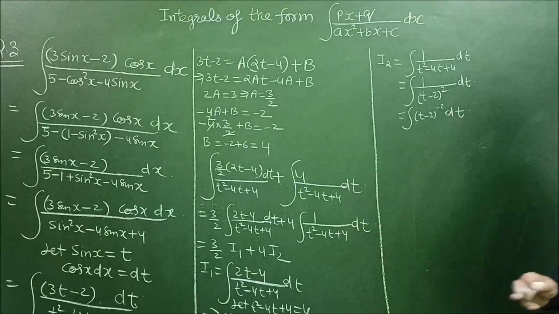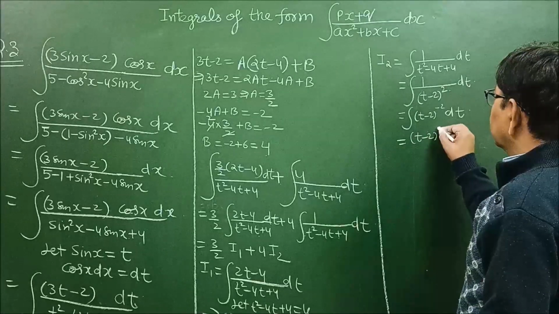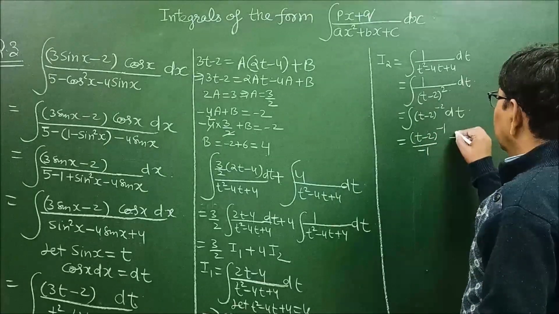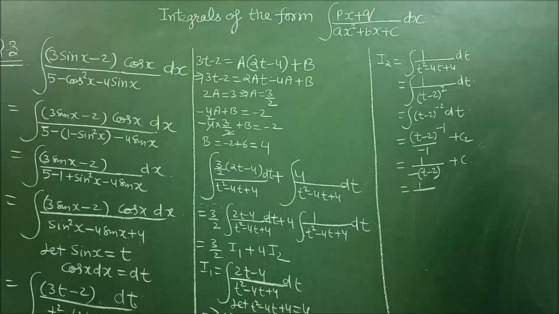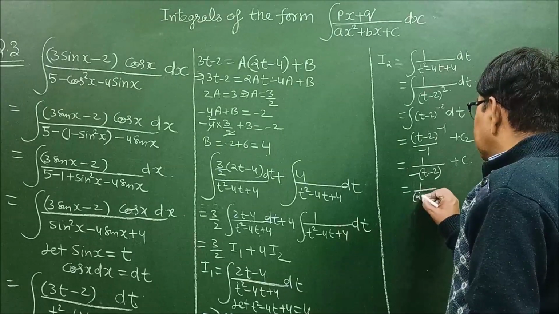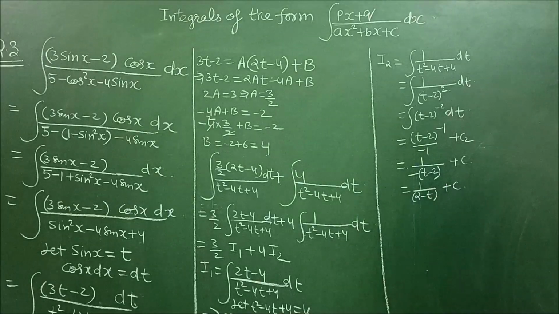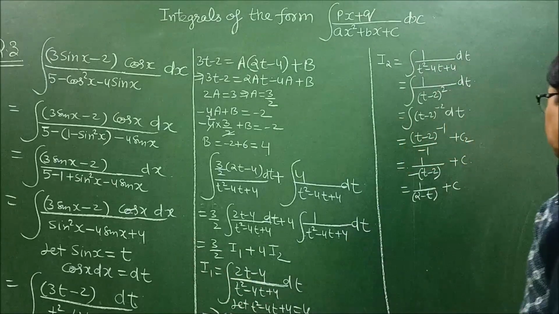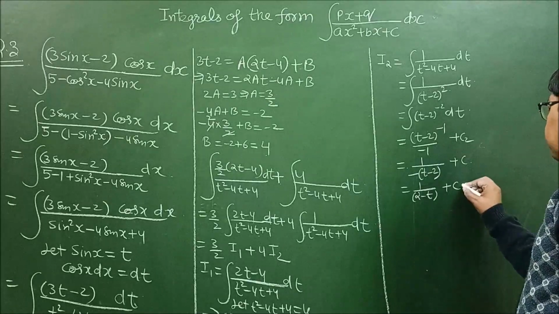And by the ax plus b raised to the power n formula, this is equal to t minus 2 raised to the power minus 1 upon minus 1 plus c2, which is equal to 1 upon 2 minus t plus c, and the value of t we have taken equal to sin x. So this is equal to 1 upon 2 minus sin x plus c2.